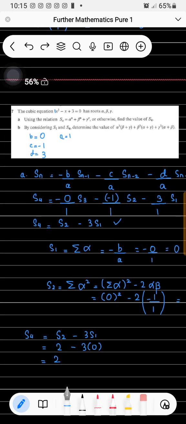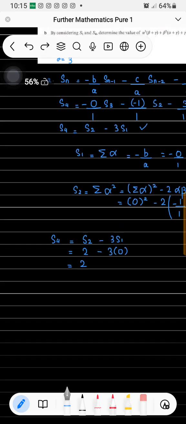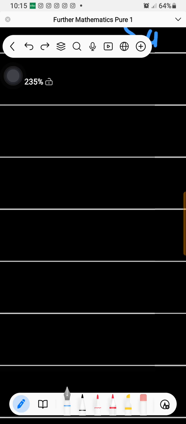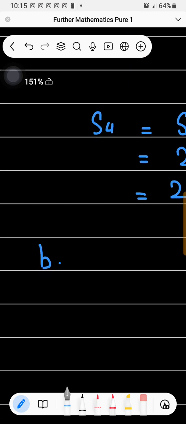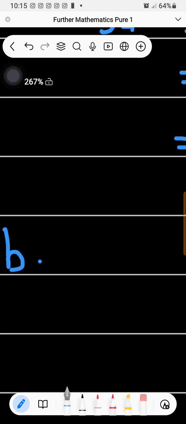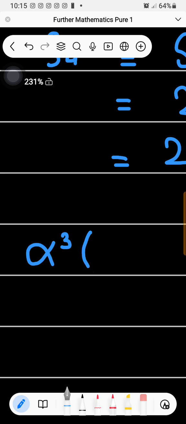In part B, it is asking, by considering S1 and S4, determine the value of alpha cube times beta plus gamma, plus beta cube times alpha plus gamma, plus gamma cube times alpha plus beta. I need a lot of attention from all of you to solve this question because it requires good understanding, so you have to maintain focus here.